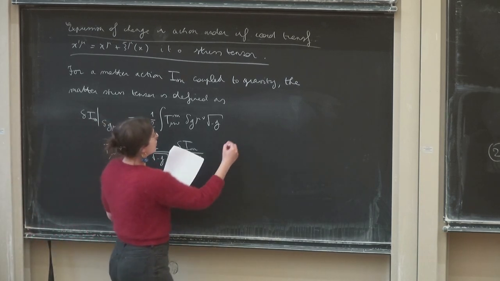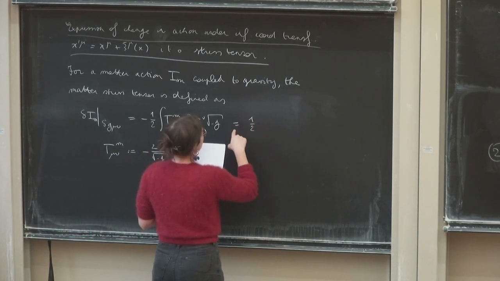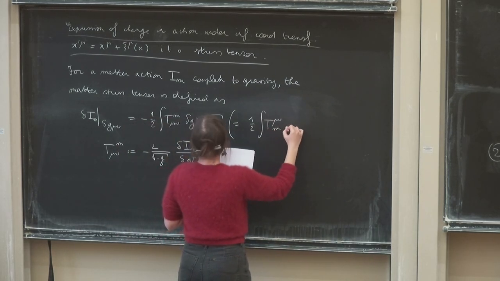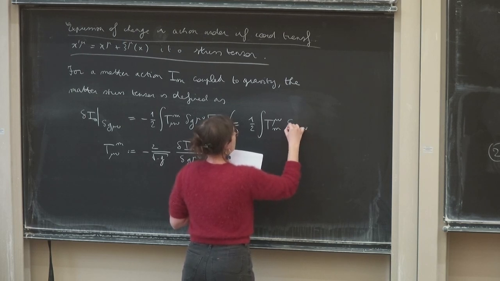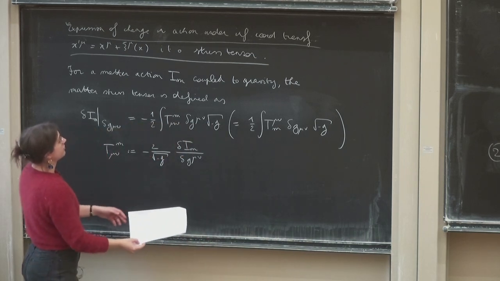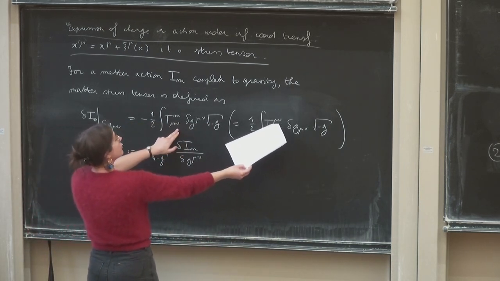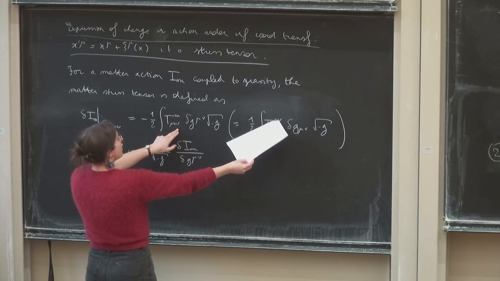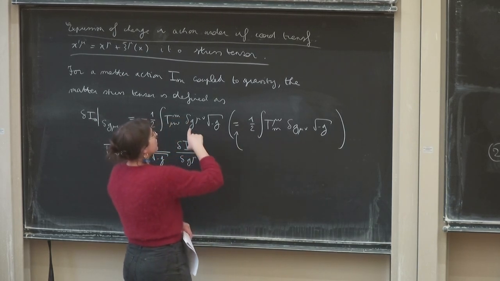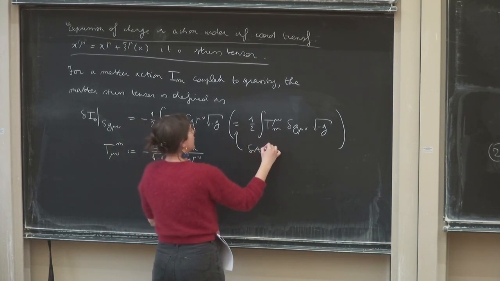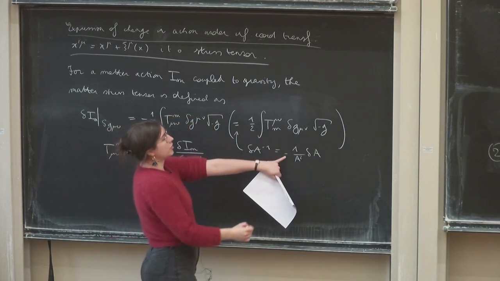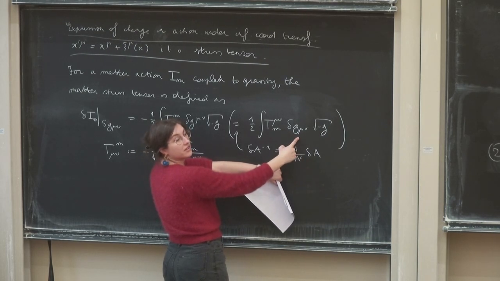Actually, let me add one more way of writing the first line with the opposite sign, because this can also be a confusing sign. So if you write it in terms of the stress tensor with the indices up, then there's a sign disappearing here, which is because the derivative of the inverse metric comes with a sign with respect to the derivative of the metric.